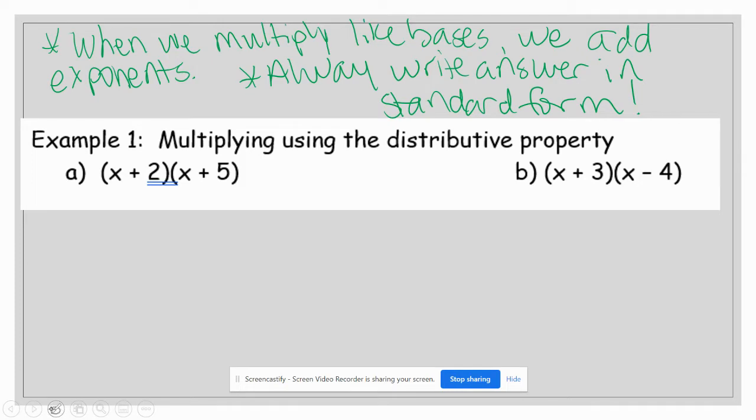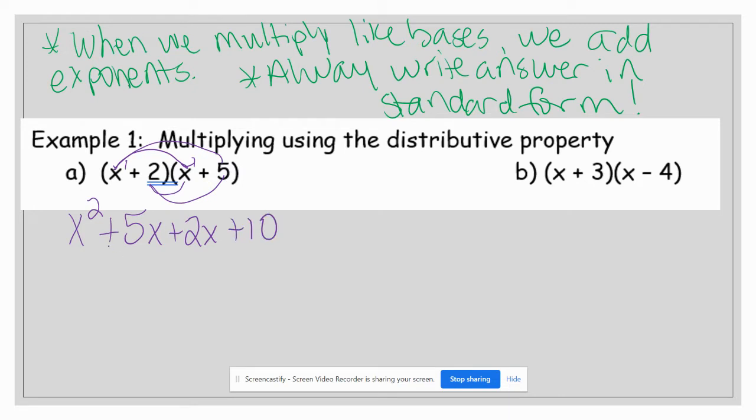So when we're multiplying using the distributive property, we start over on our left side with our first term, x times x. Remember, that's x to the first and x to the first. That's x squared. X times 5, positive 5x. We come to our second term. 2 times x is 2x, and 2 times 5 is 10.